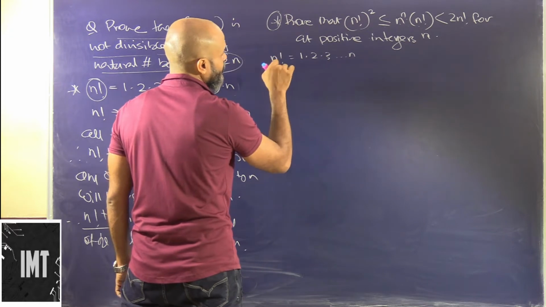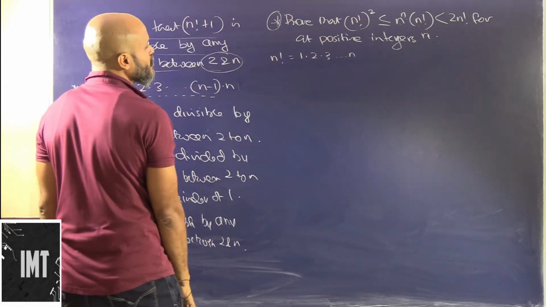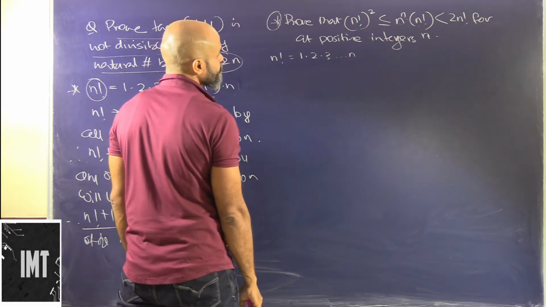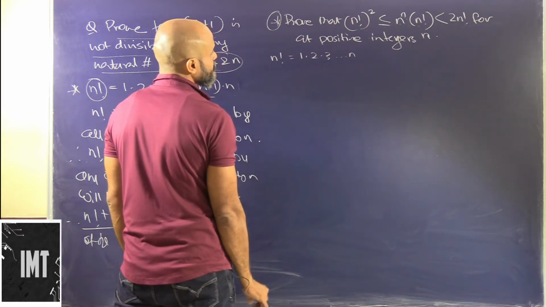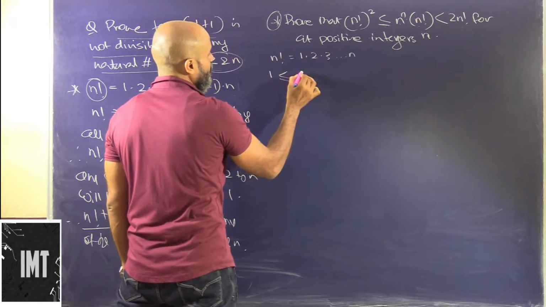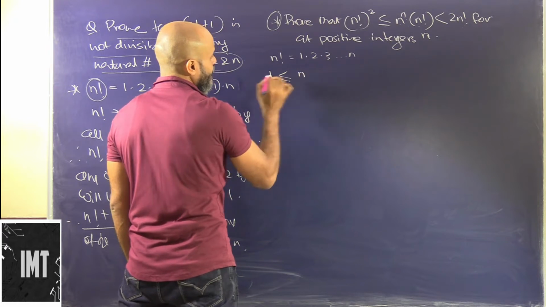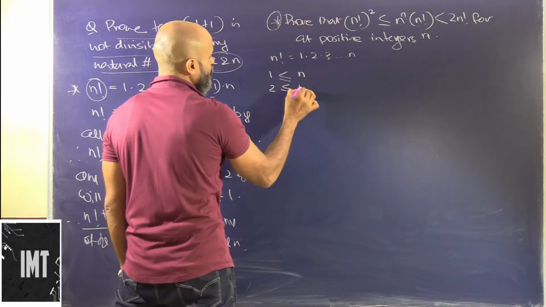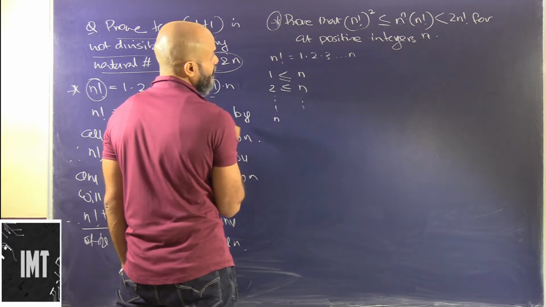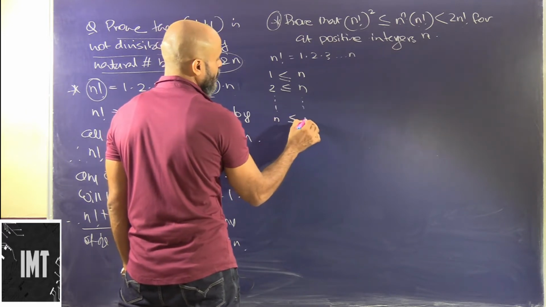Factorial n is equal to 1 2 3 till n. So obviously 1 will be less than equal to n, 2 will be less than equal to n, and so on and so forth. n will be less than equal to n.